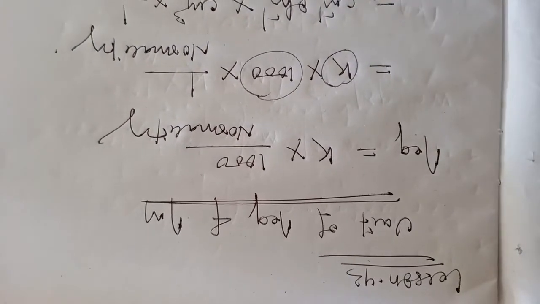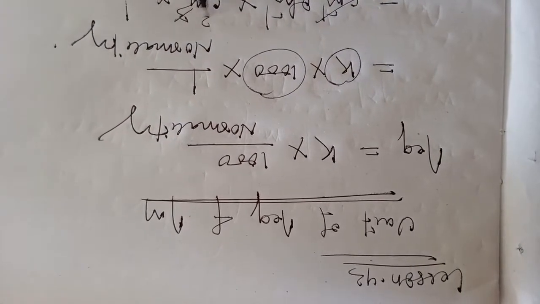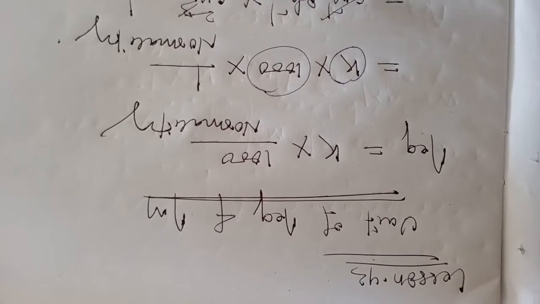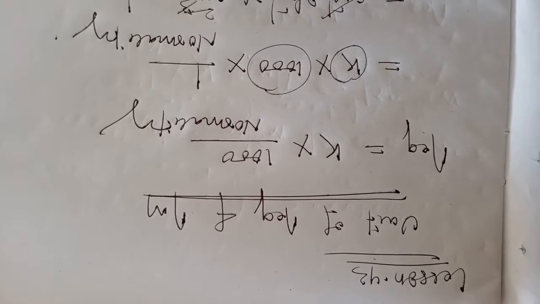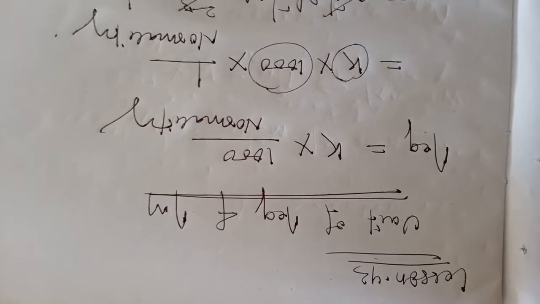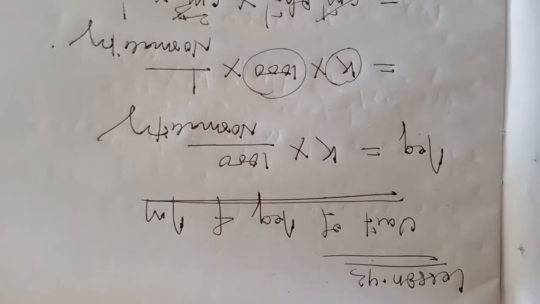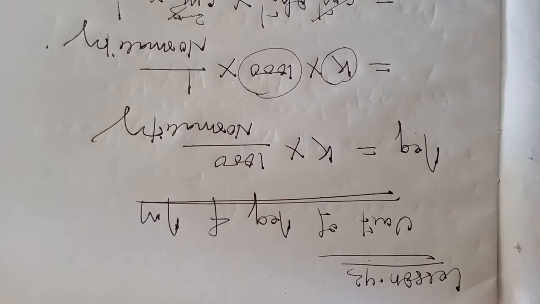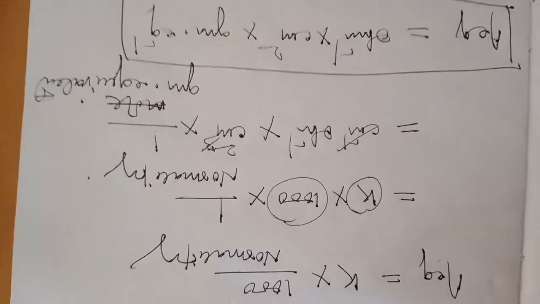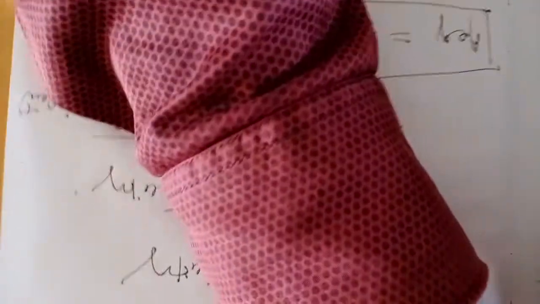So this will be ohm inverse cm square gram equivalent inverse. This is the unit of the equivalent conductance.